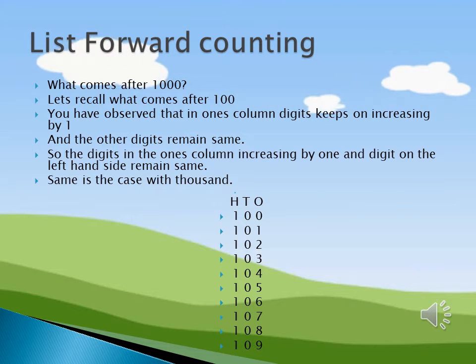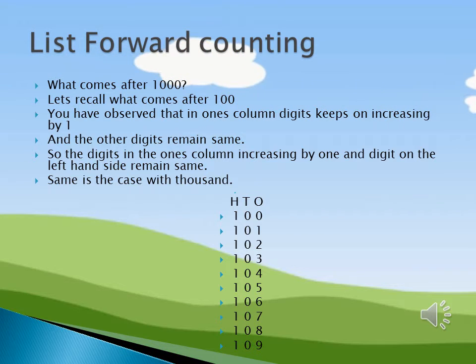You have observed that in the ones column, the digit keeps on increasing by 1 and the other digits remain the same. So the digits in the ones column increase by 1 and the digits on the left hand side remain the same.